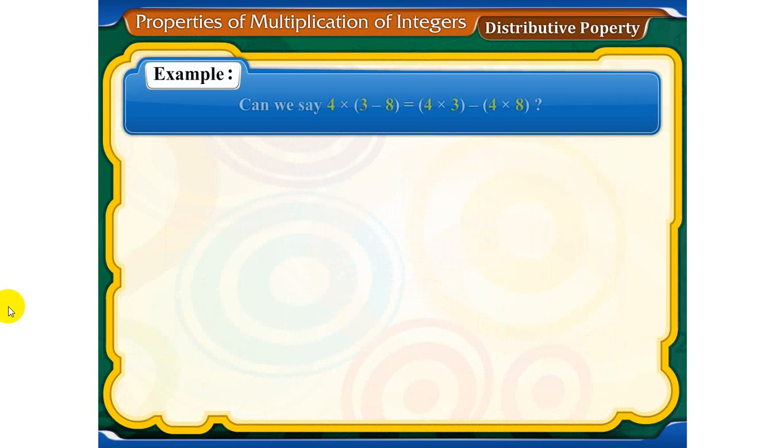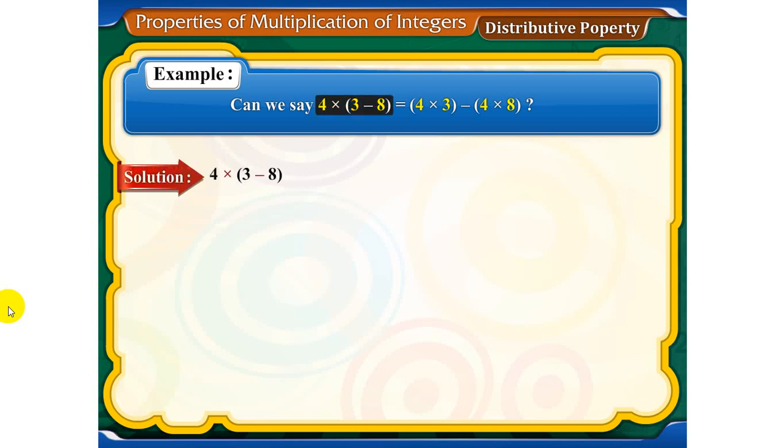For example, can we say 4 into brackets 3 minus 8 close bracket is equal to 4 multiplied by 3 minus 4 multiplied by 8? Solution. 4 multiplied by (3 minus 8) is equal to 4 multiplied by negative 5, which is equal to negative 20.